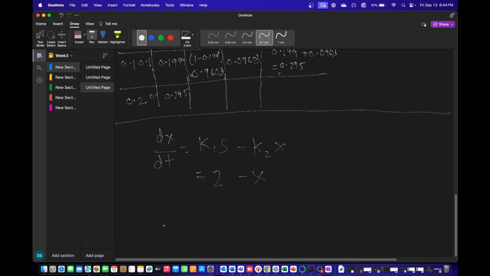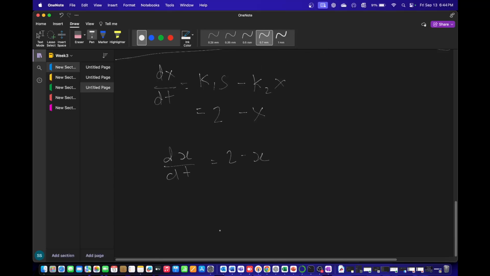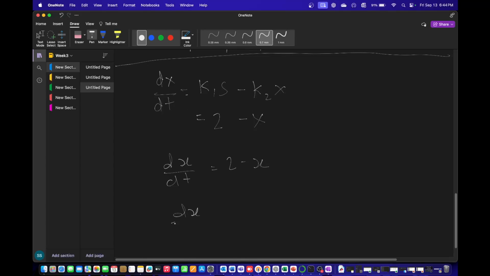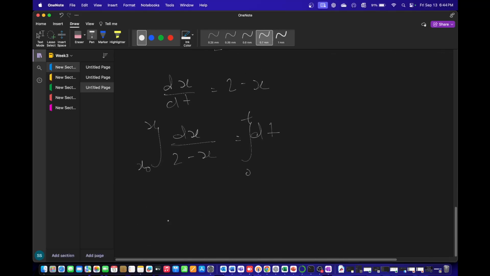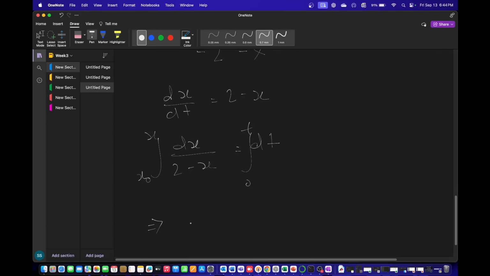You can directly solve this analytically. dx/dt equal to 2 minus x. Now you put dx by (2 minus x) equal to dt. Now you integrate x naught to x, and here 0 to t. So this becomes negative log of (2 minus x) from x naught to x equal to t.